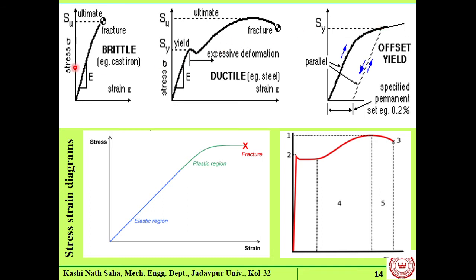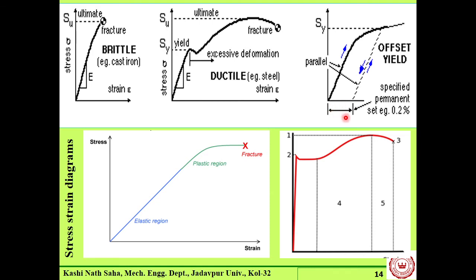So for such a brittle material, there can be some cases when this won't go up to 0.2%. This is also known as a proof stress. There are 0.1% proof stress, 0.2% proof stress, etc. But usually it is known as offset yield stress. It is specified by a permanent deformation of 0.2%.